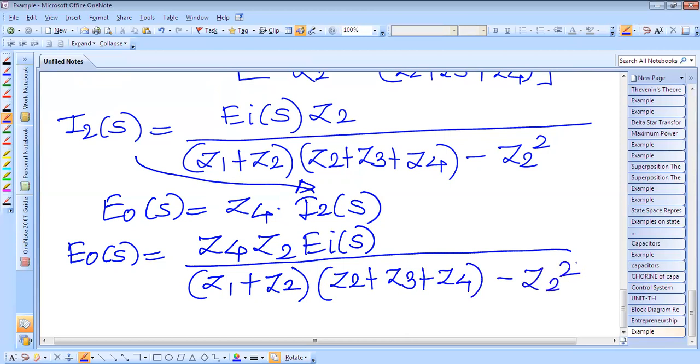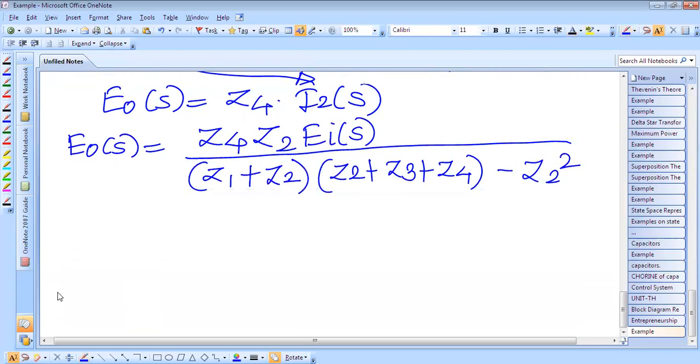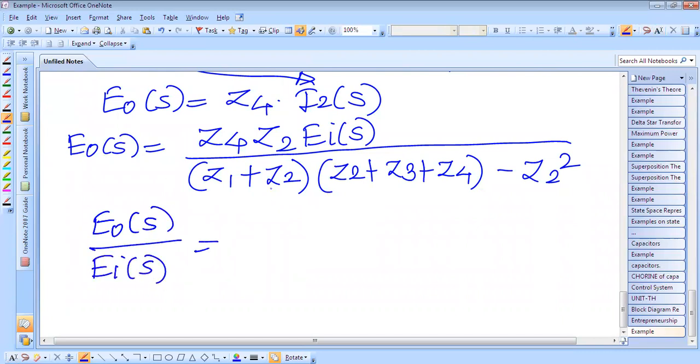Okay, so now what we can do, we can take this on this side, so we'll get the transfer function. So E naught of S by EI of S, we'll take this on this side.